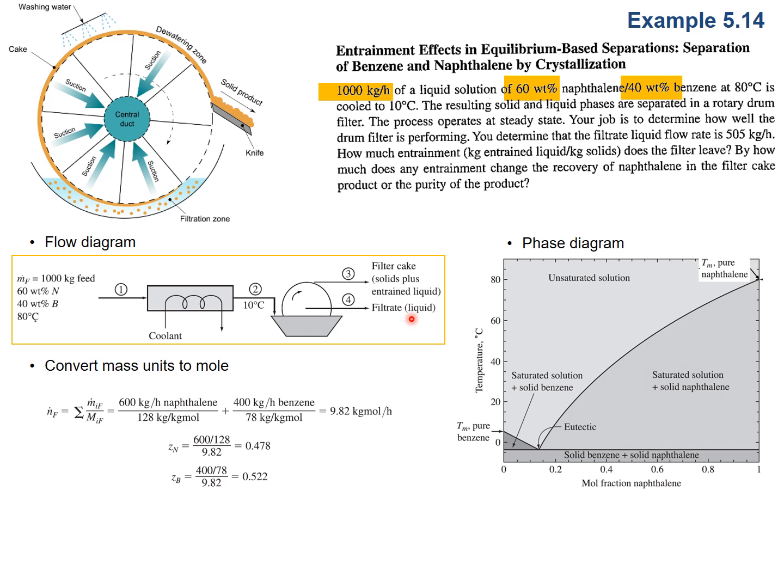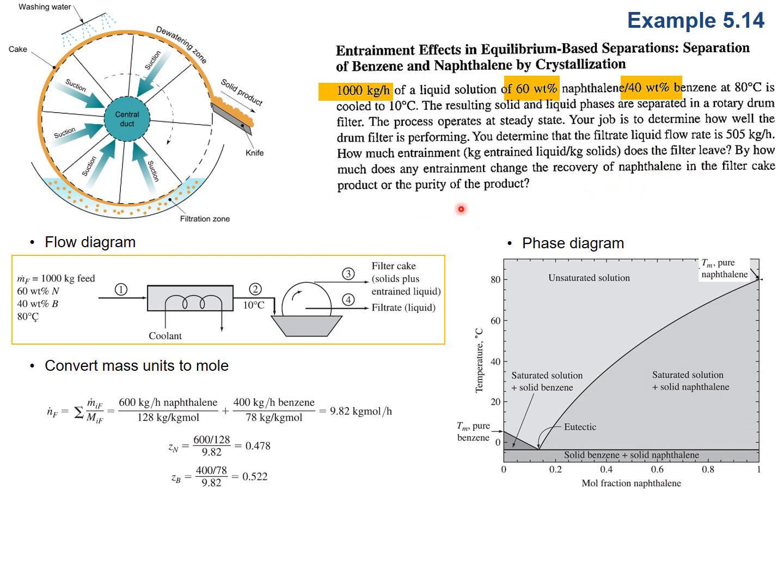So by using a mass balance equation, how much entrainment does the filter leave? Some of the liquid remains on the solid film on the drum surface. That is the entrainment, right?